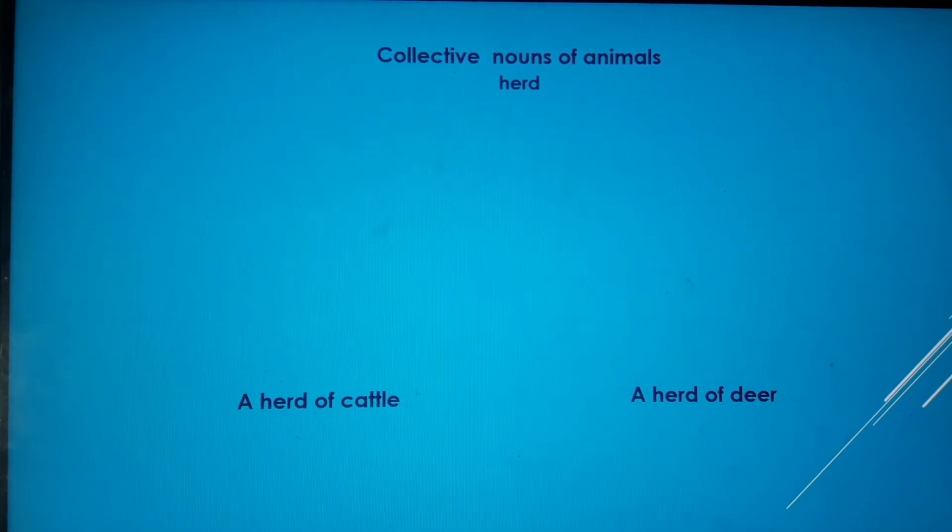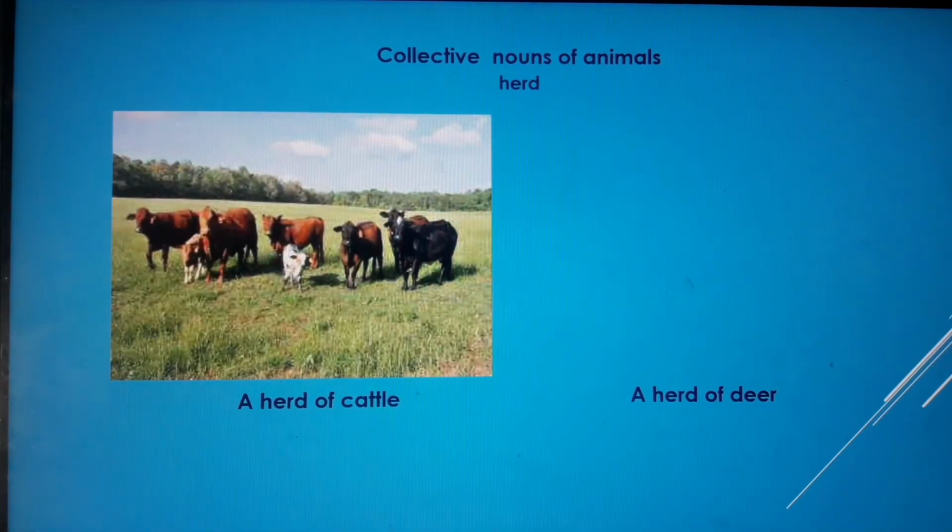So here you can see a herd of cattle. There are so many animals in cattle. A goat is also one of the cattle, and sheep. So we'll say under this cattle.